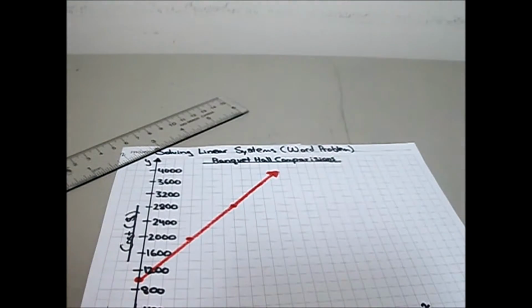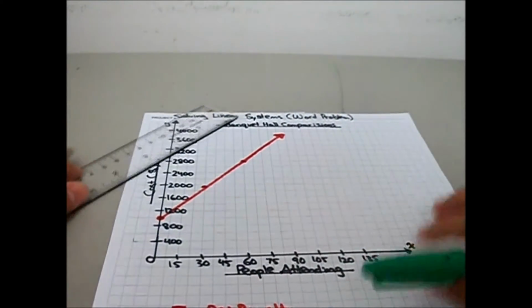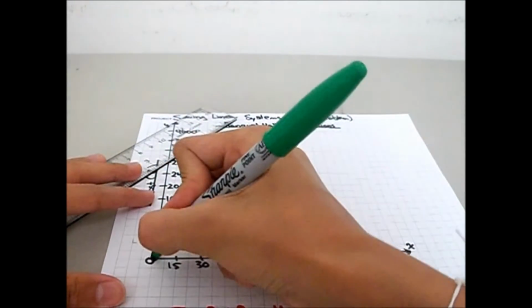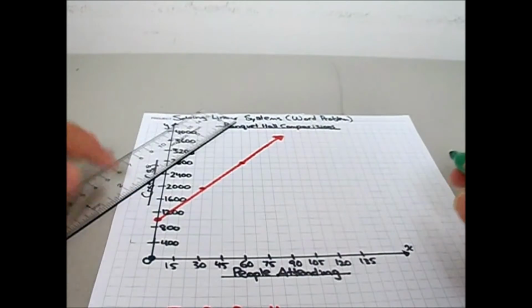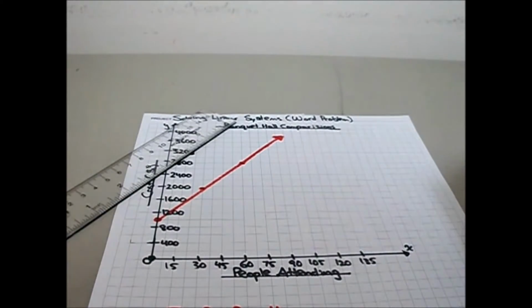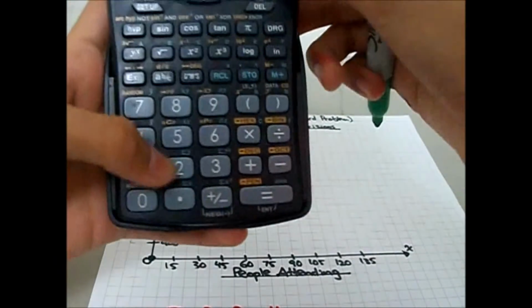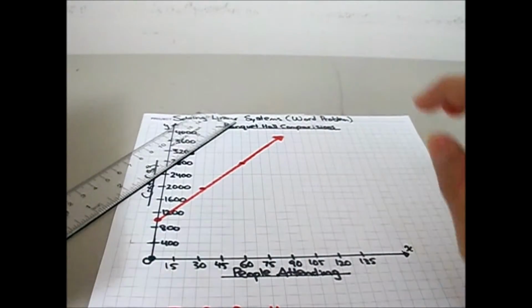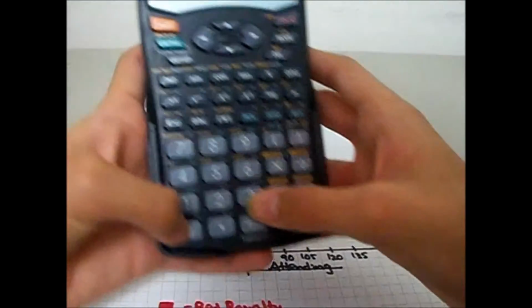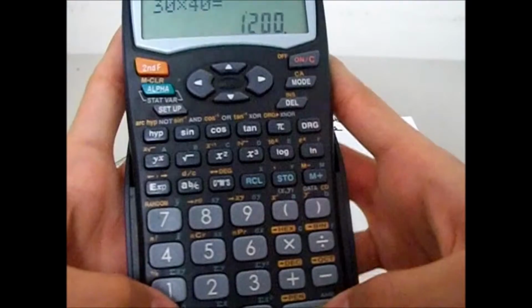Now our second equation is cost equals 40p, so no y-intercept. We'll start at 0. And for every member it'll be $40. So we'll pick a large number again, such as 30 times 40, which is 1200.